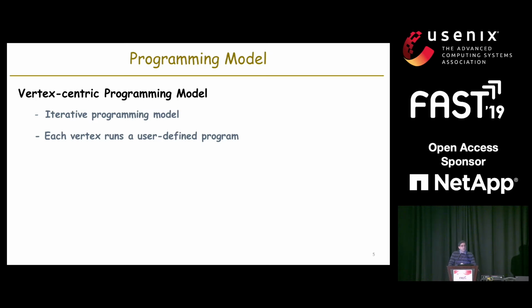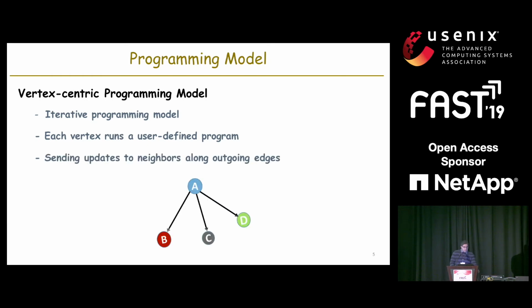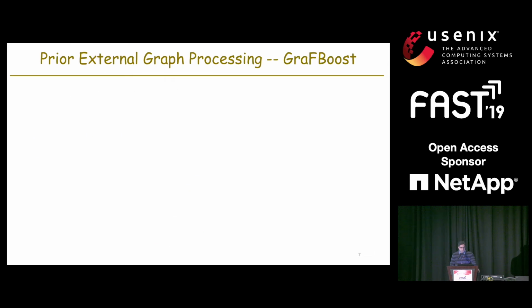Sometimes it can be a very lightweight computation, for example, a summation or a minimum operation. During the execution, each vertex sends updates to its neighbors along the outgoing edges. This is a specific type of this model called push style, where each vertex pushes the updates to its neighbors.